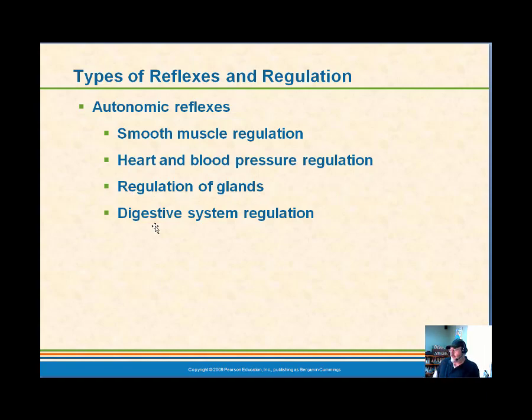For example, we sense that it is hot. We send a signal out which causes our glands to start producing sweat. And digestive system regulation. We have sensory receptors in the stomach which become aware of stretch and start contracting the stomach muscles in response to that.